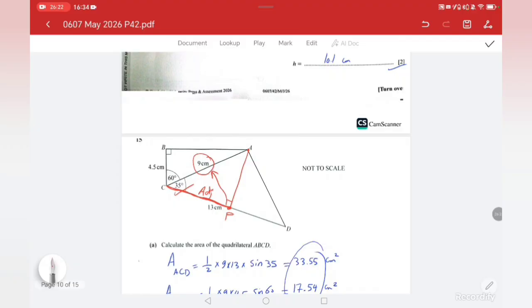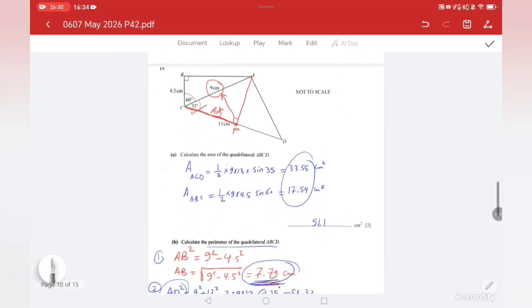So which one of the trigonometric ratios is the relation between the adjacent and hypotenuse? This one is cosine.